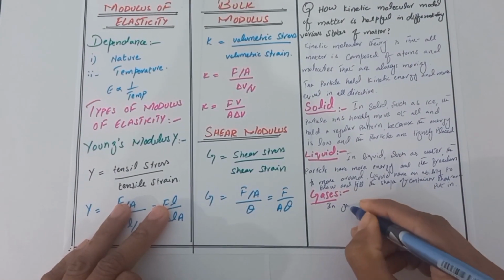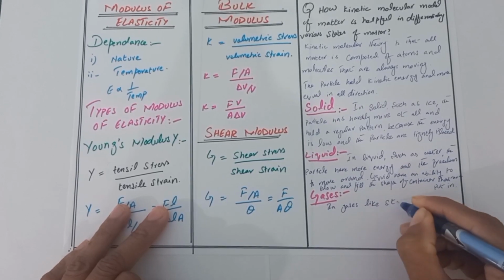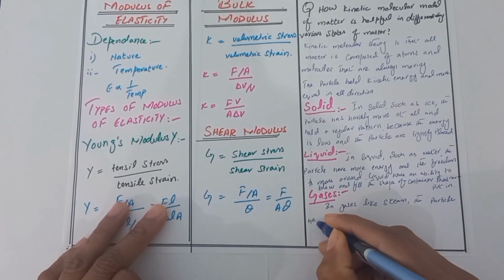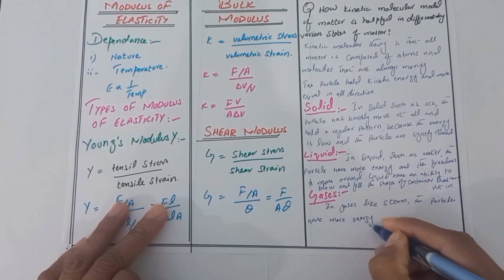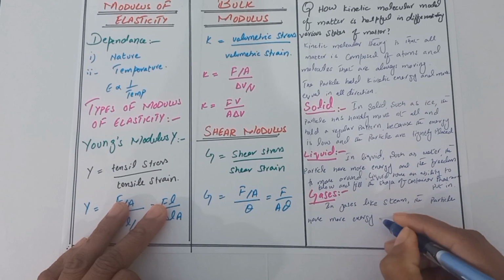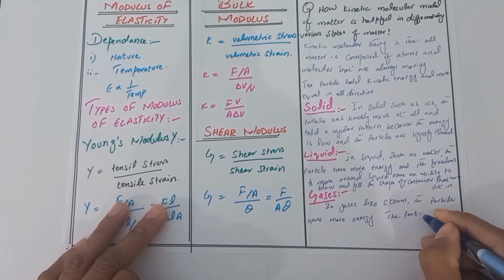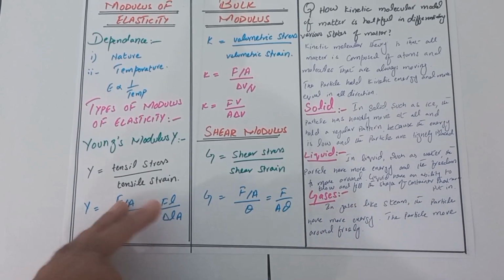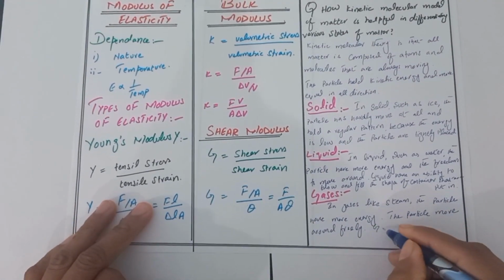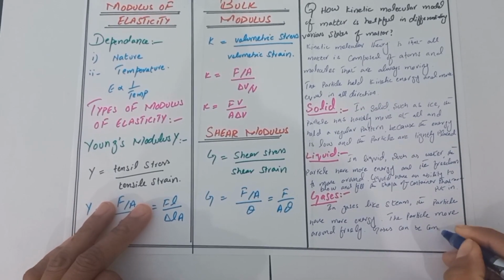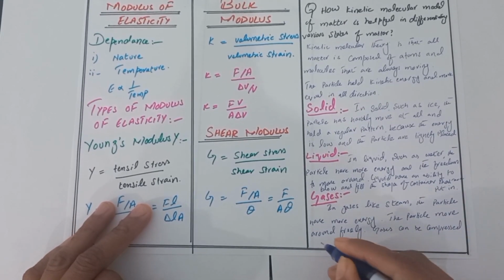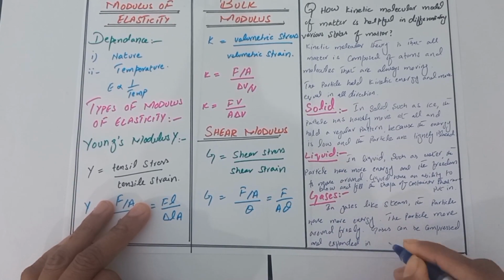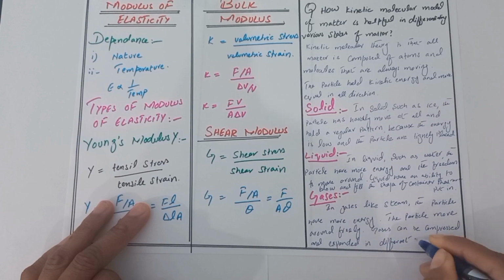In gases like steam, the particles have more energy. The particles move around freely. Gases can be compressed and expanded at different pressures.